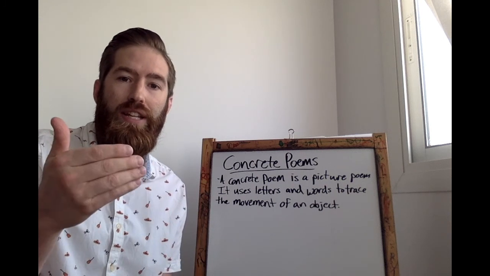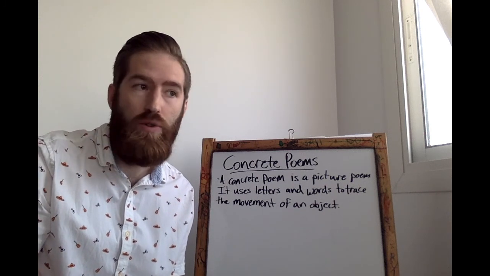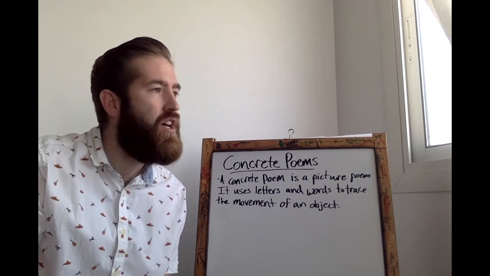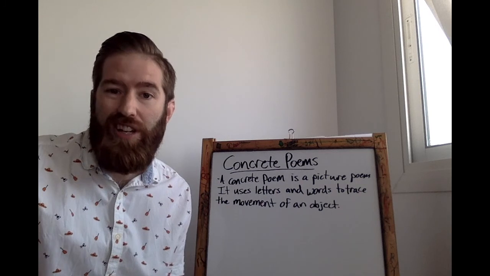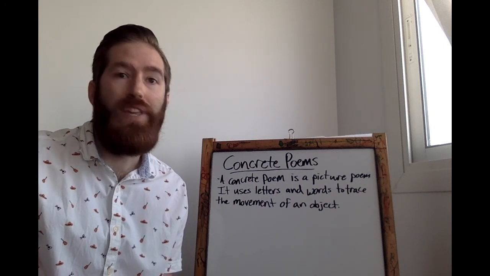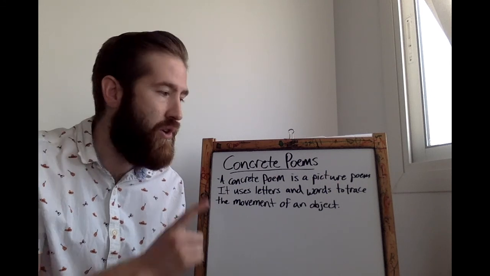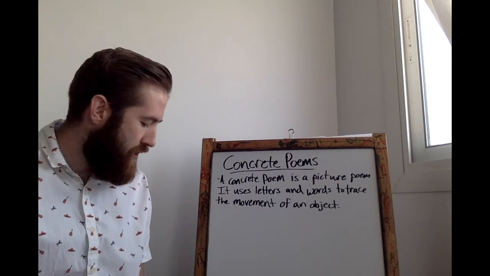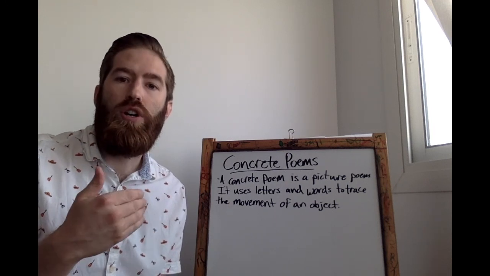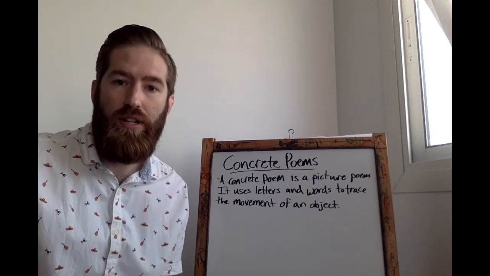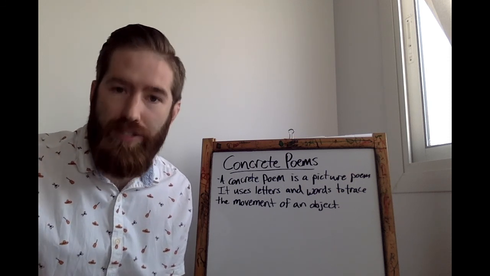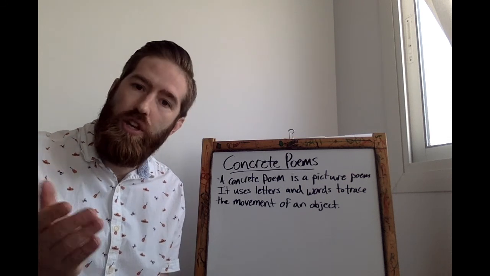They imagine the shape of the object, or how that animal looks, or how the food looks, or how the clouds look. There's lots of different things that you can choose as your subject, and we'll get into that in a second. So, because of the shape that your poem is written, your reader will know or have an image of what it looks like and what it looks like to you.